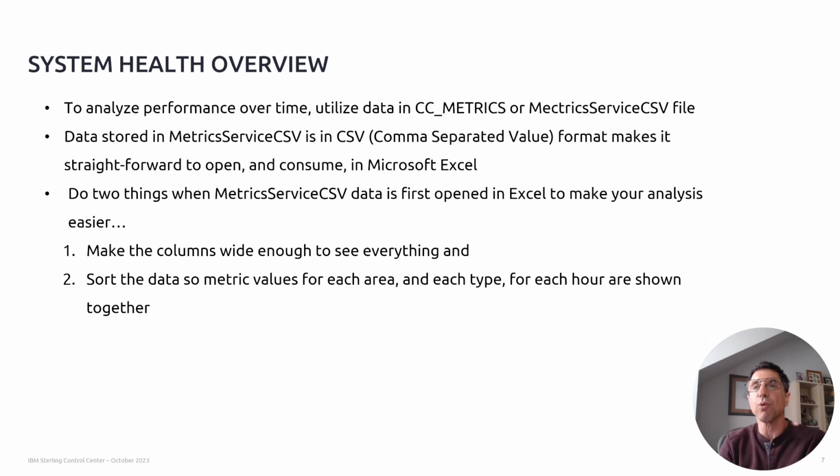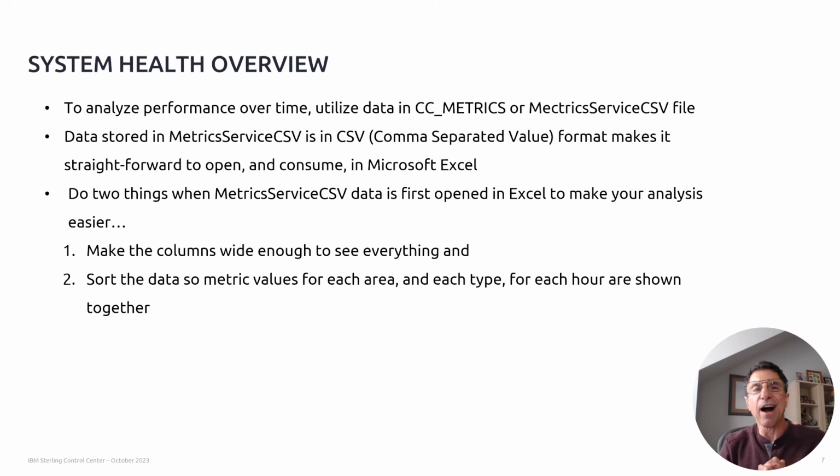It's kind of straightforward. But when you do that, I'm going to give you some hints on how to make this a little bit easier. There's two things you should do. You want to make the columns wide enough to see all the data, and you want to sort the data so that the metrics values for each area and each type are kept together.